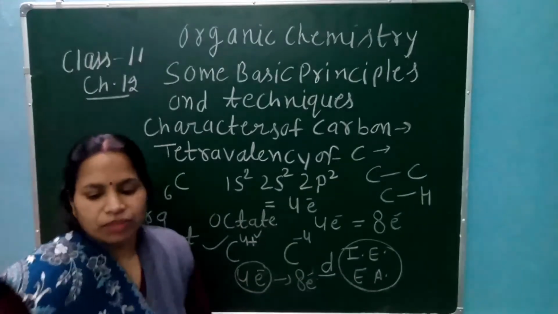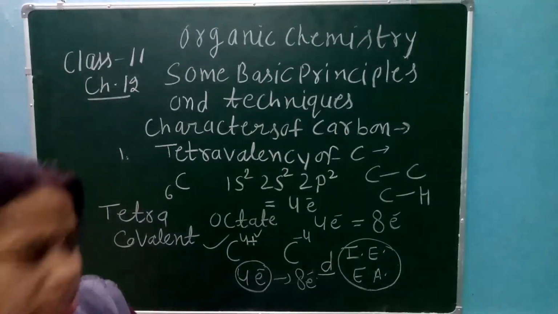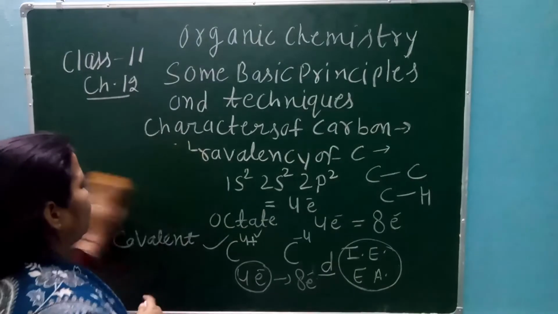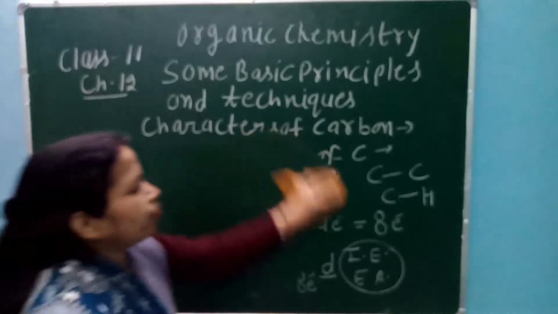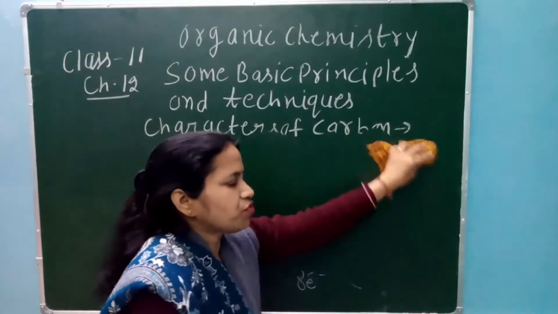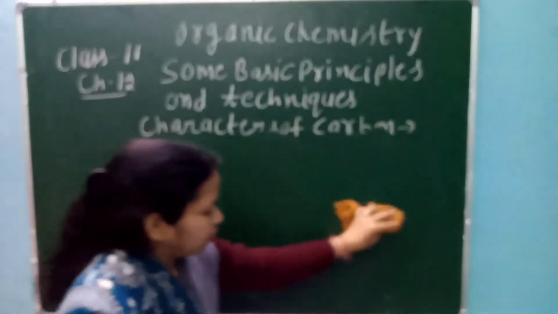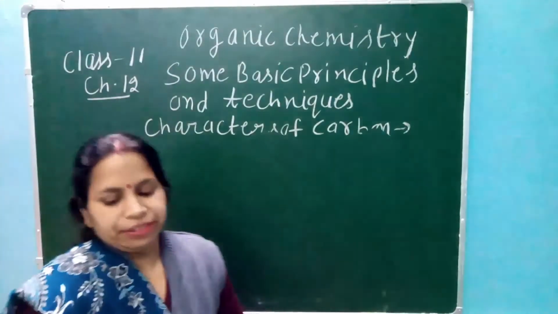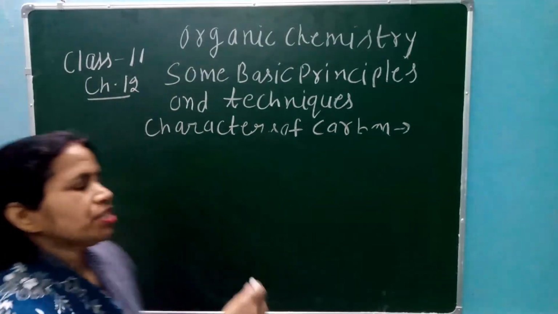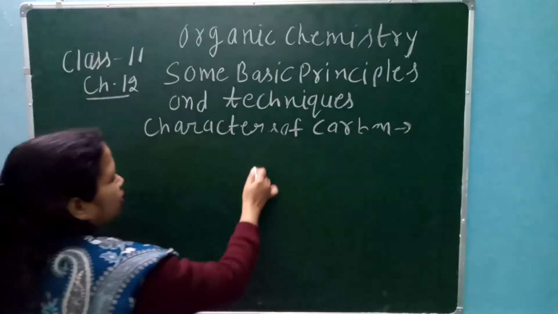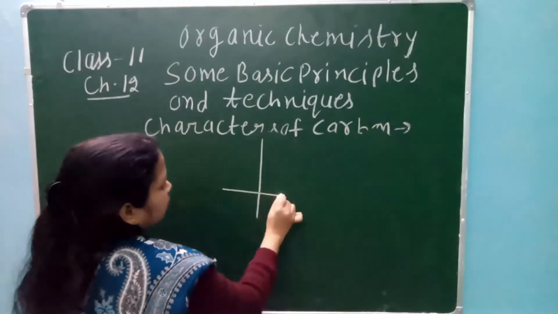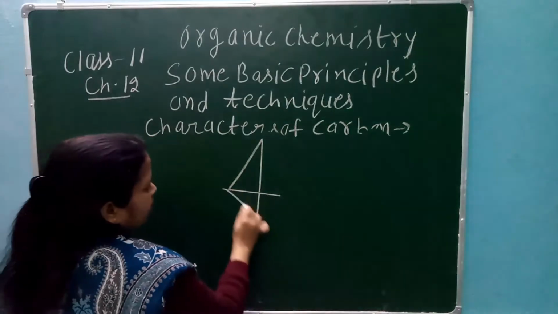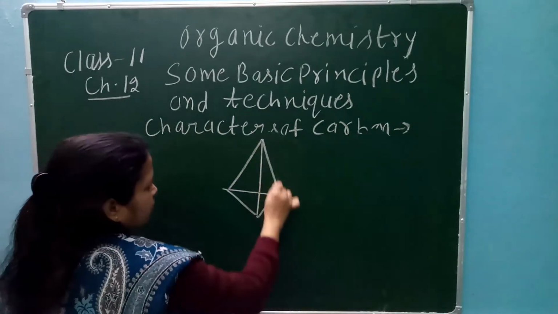Clear? Now let's see. One scientist found out the structure of methane, and carbon has a tetrahedral structure.